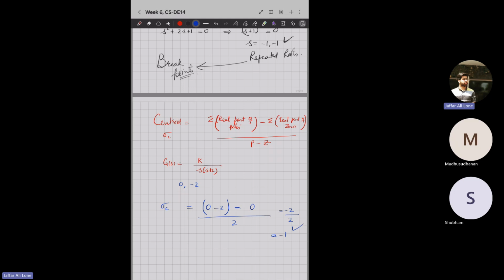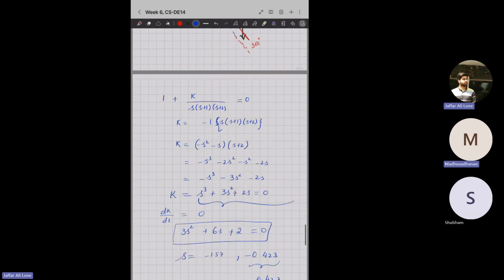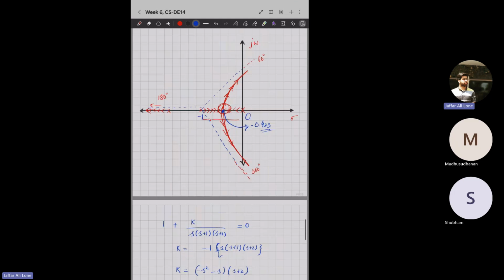Physical significance: it's just the intersection of the asymptotes at the real axis. So you see, we draw this root locus, or take this example. We saw there are 3 branches which will terminate at infinity rather than on any zero, right?